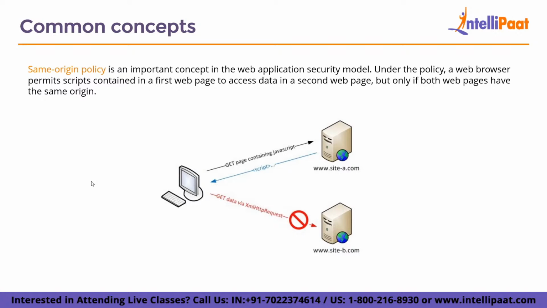But generally, under this policy, a web browser permits scripts contained in the first web page to access data in the second web page, but this can only be done if both web pages have the same origin.